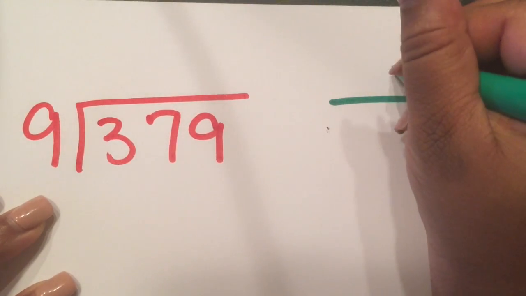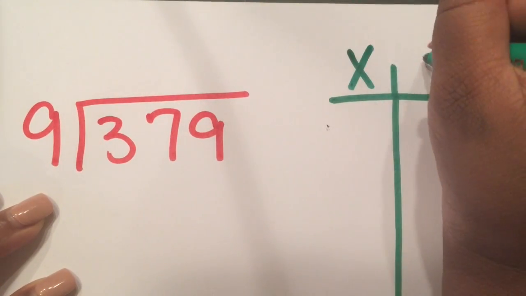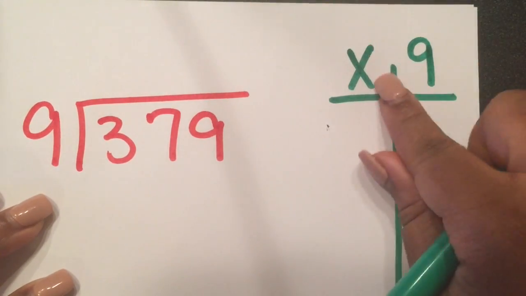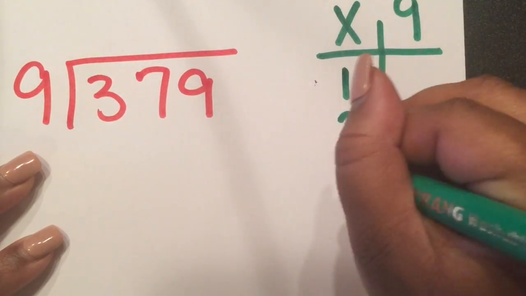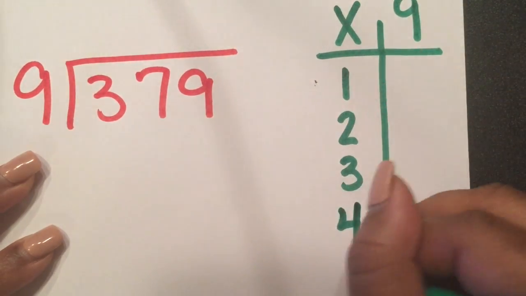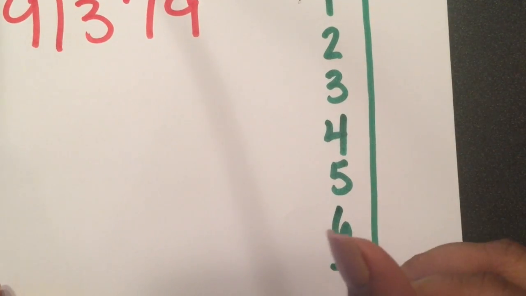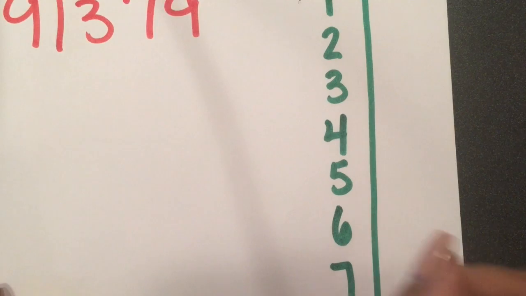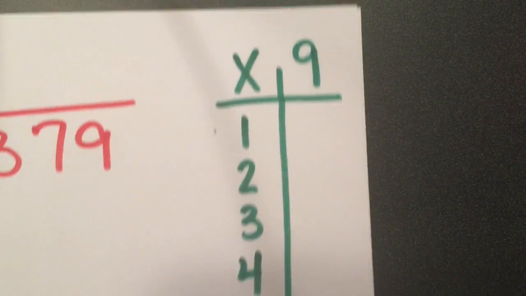Now, the T-chart just tells you, okay, I'm going to do my 9 times tables. I like to count all the way down to 9. I never do 10 because I know that any number times 10 is just that number with a 0 added at the end.